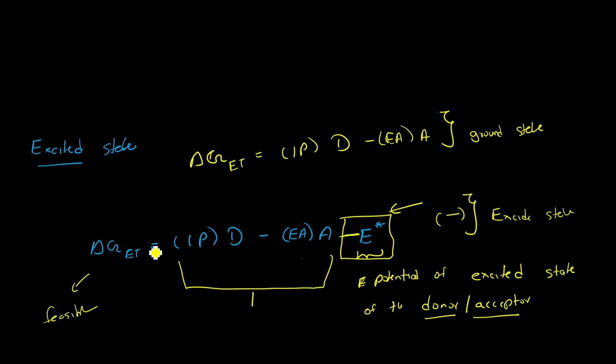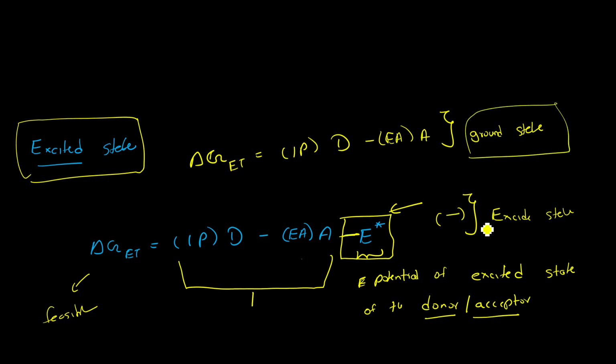So the electron transfer in the excited state is much more feasible than the electron transfer in the ground state. So this is what you need to understand. This is the electron transfer which we are talking about in photochemistry. I hope you get the idea about it, right?